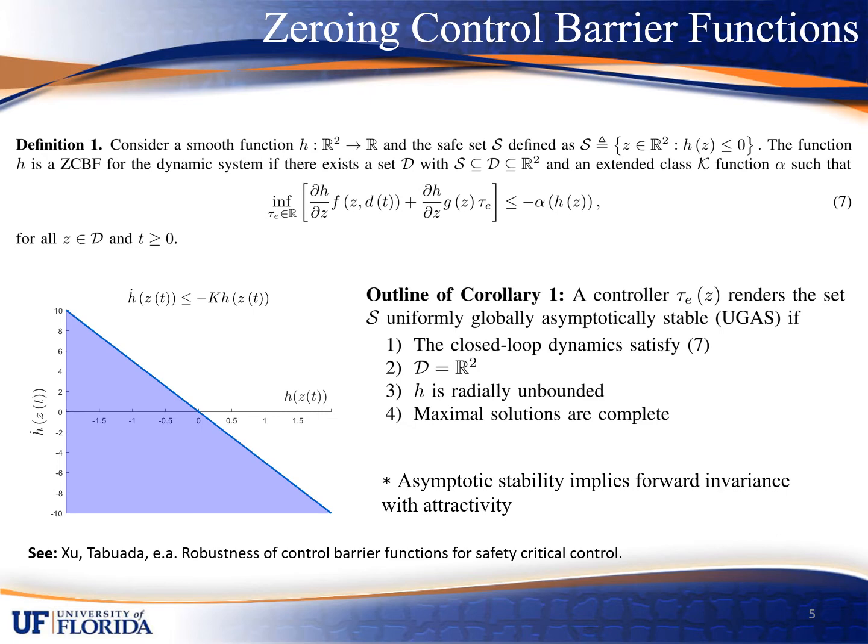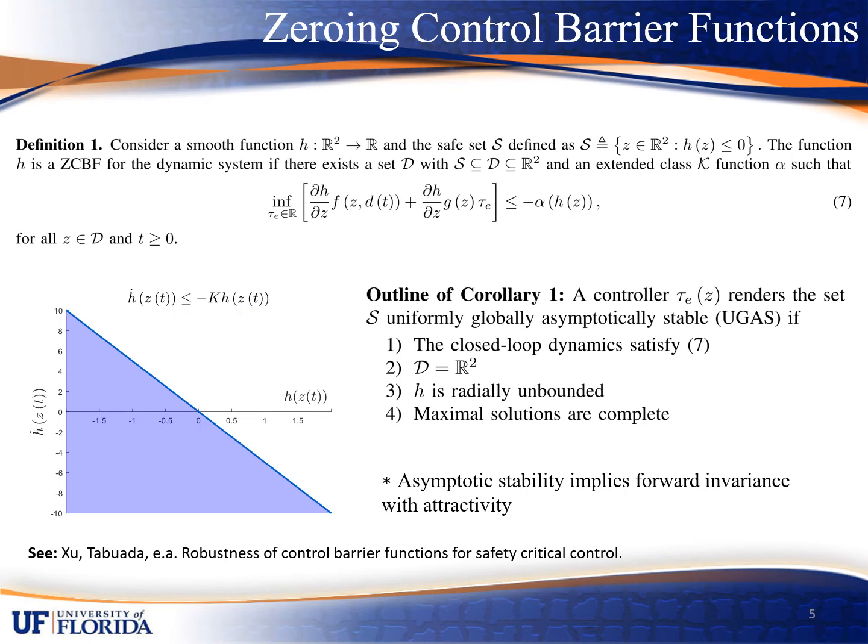What this inequality says is that for each state, there exists a control input, tau e, such that this quantity is upper bounded by some function of h. And to really quickly make the connection, the simplest example of an extended class kappa function alpha is a function that's linear in h.